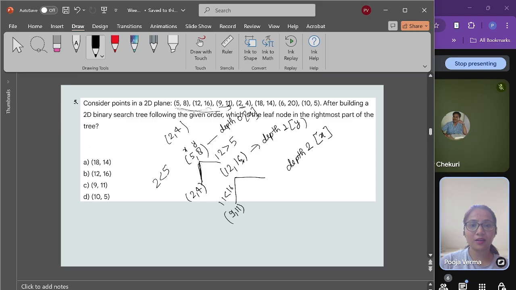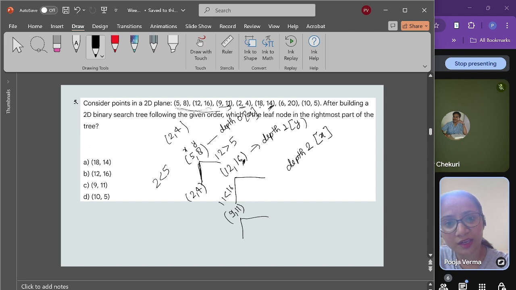Here 16 and there 14. 16 is greater than 14, so it will go on the left side, because this value is less than the root node here. Then in the left side we need to again compare the x coordinate.